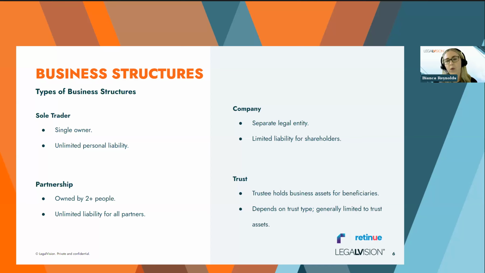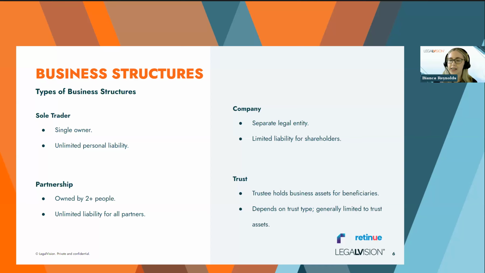And also thinking about what type of industry you operate in and what the risk is in terms of your business operations. Are you operating in a highly regulated industry where the risk of liability is high? So these are some of the key things to think about when you're deciding what structure is going to be best for you.